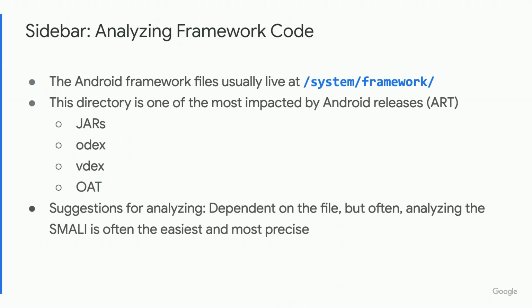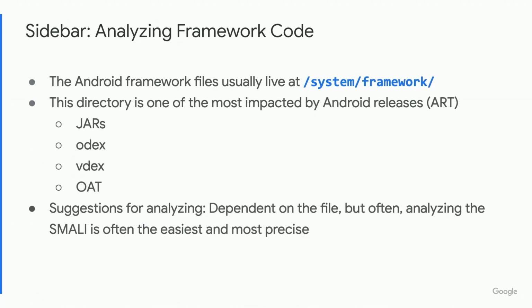So one of my big suggestions for framework: for everything else that generally is run as DEX bytecode on the device, like apps, we're able to decompile back up to Java. I have found that it's often much easier to reverse engineer and analyze framework code within Smali. So if you're new to reversing Android, Smali is sort of the equivalent to assembly in the DEX bytecode world.